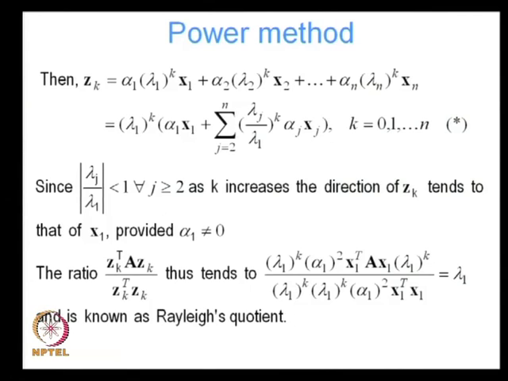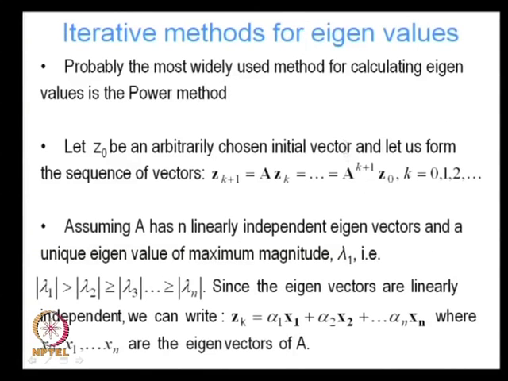So, in that case we can write zk is equal to this. Why can we write that? Well, zk is nothing but A to the power k operating on z0, right.